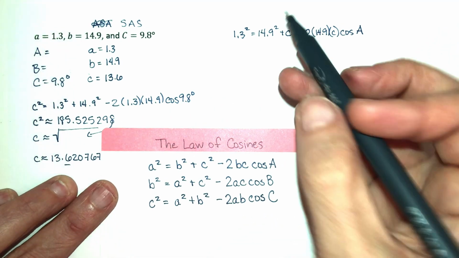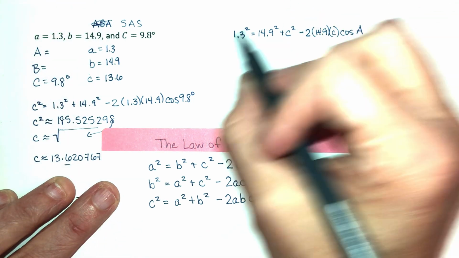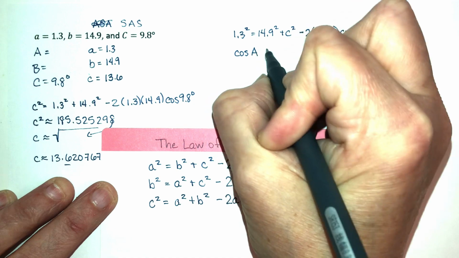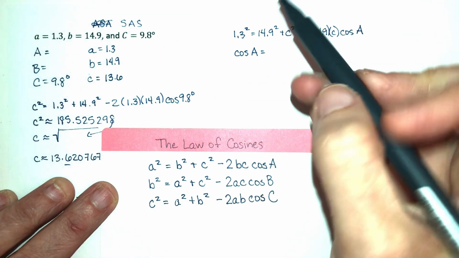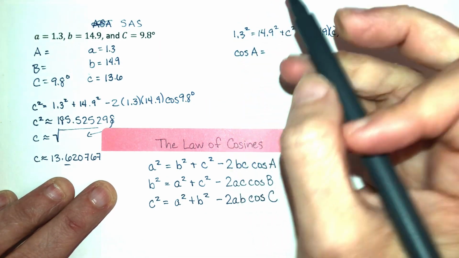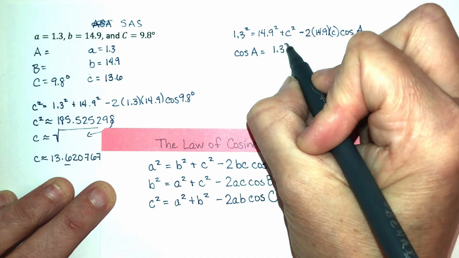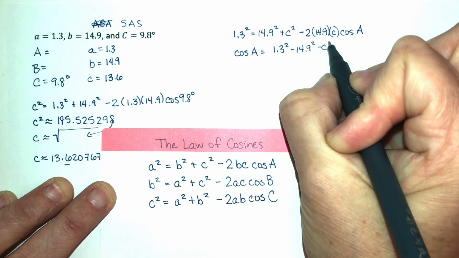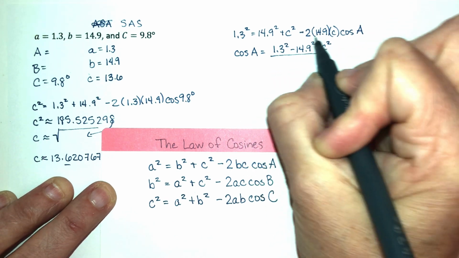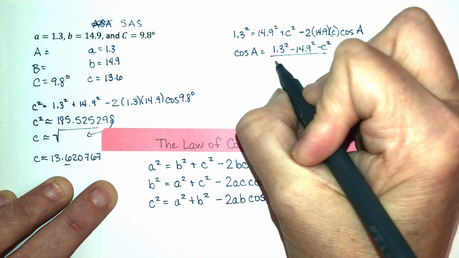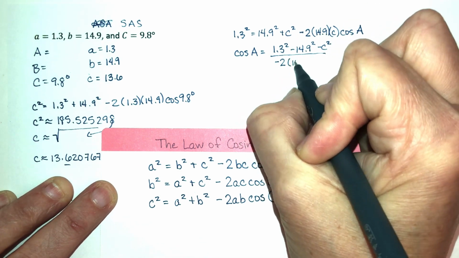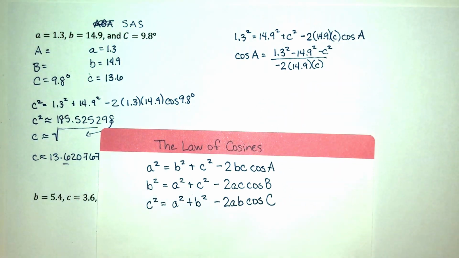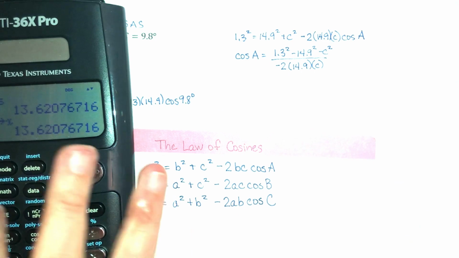Okay, so like I did on the previous problem, we're going to find that cosine of A is equal to, I hope you can follow this, I'd be moving both of these over to this side, and then I would divide by this coefficient. Okay.